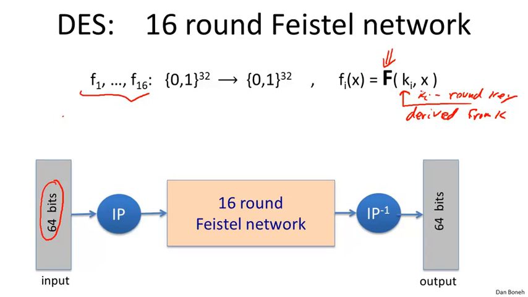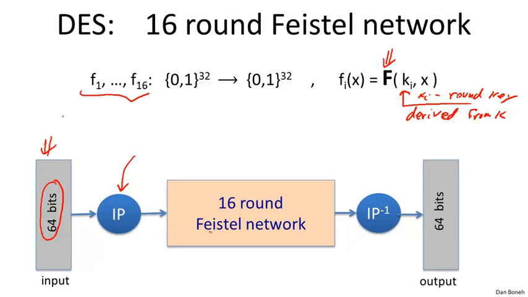But basically, you see that by using 16 different round keys, we get 16 different round functions, and that gives us the Feistel network. So just at a high level, how DES works: you have a 64-bit input. The first thing it does is an initial permutation that just permutes the 64 bits around, namely it maps bit number 1 to bit number 6, bit number 2 to bit number 17, and so on. This is not for security reasons, this is just specified in the standard.